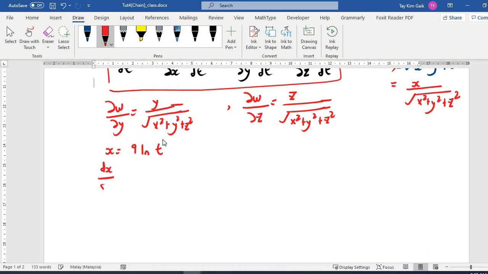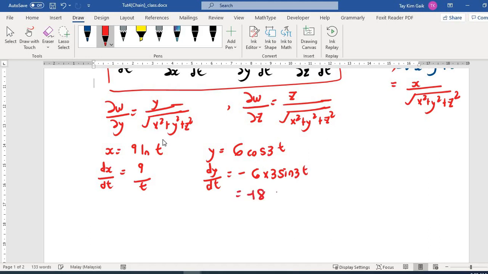So dx dt is 9 over t. Y is 6 cos 3t. So your dy dt is negative 6. Differentiate cos is negative 3 sin 3t. So after that you have negative 18 sin 3t.